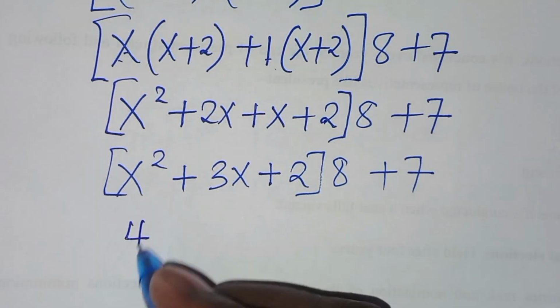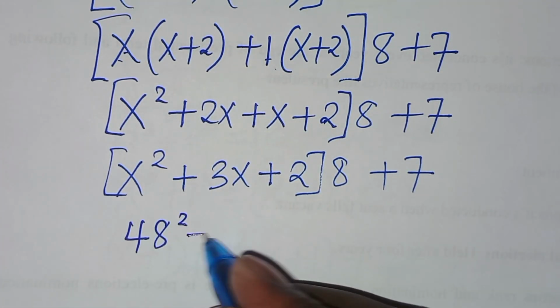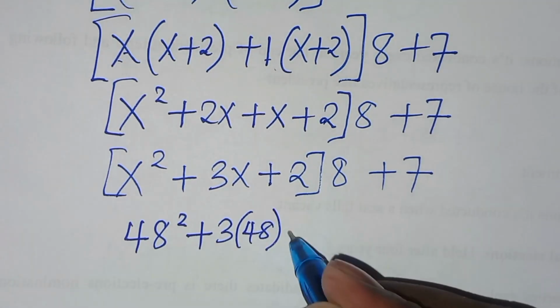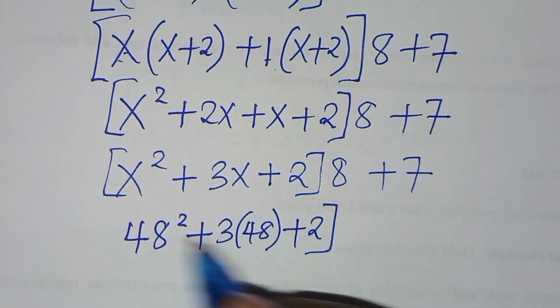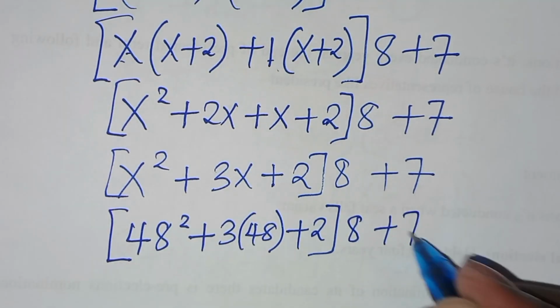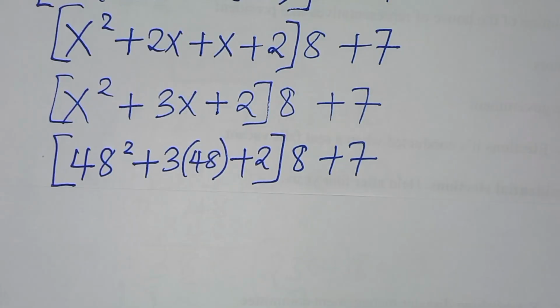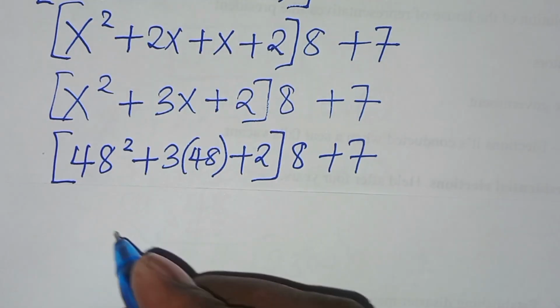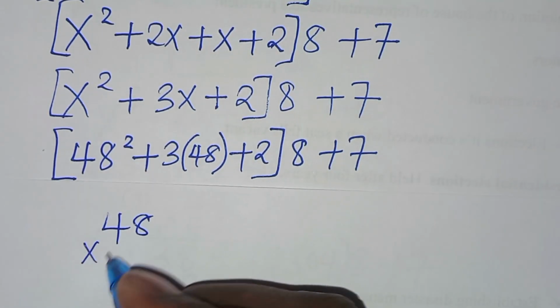So this is the same thing as 48 squared plus 3 times 48 plus 2, close the bracket, multiply by 8, then plus 7. Now here we have 48 squared, which is 48 times 48.